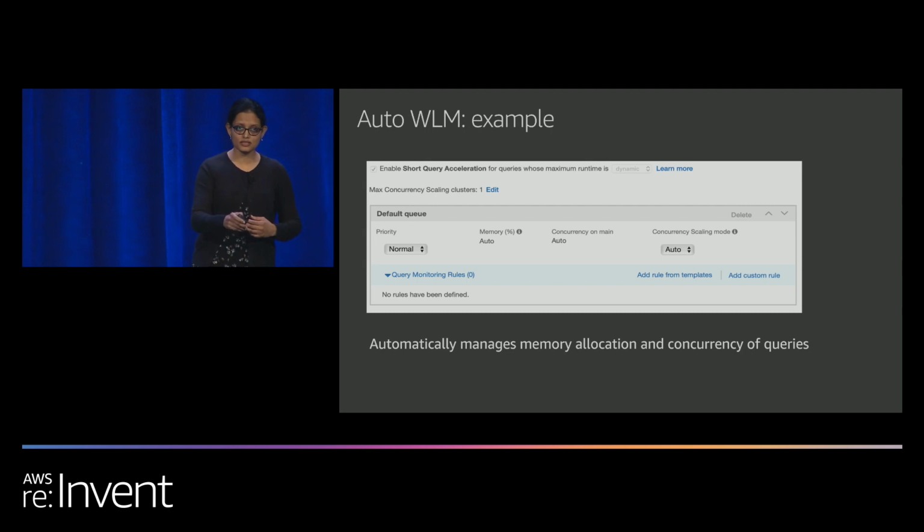So this is a screenshot of the default setup of auto WLM, where you will see both the memory and concurrency on the main are set to auto. You're not configuring the percentage or providing the slots. Redshift is automatically going to manage the memory as well as the concurrency. You can choose to enable the option of turning on concurrency scaling or disable it.